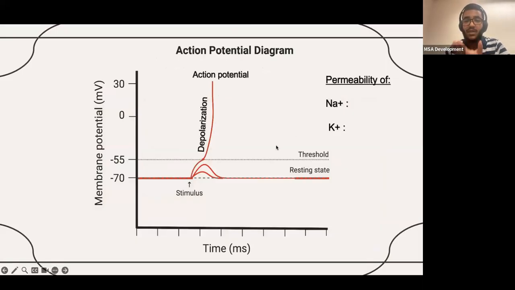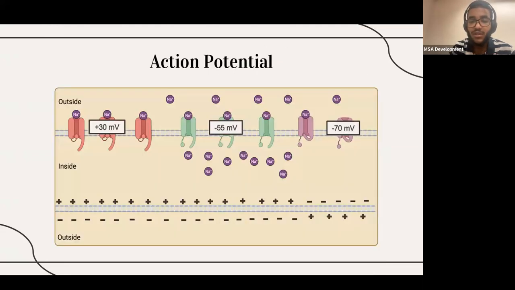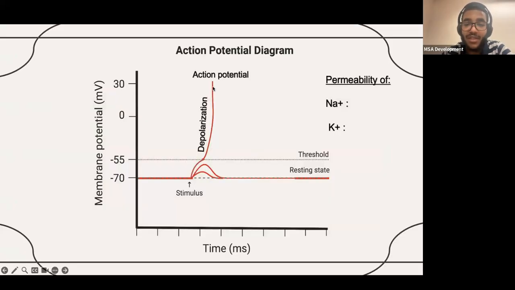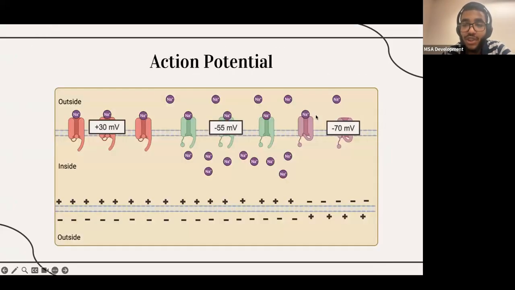Okay, so in the depolarization phase, the permeability for sodium is much higher than the permeability of potassium, and that's the only reason the membrane potential is able to reach such a positive value of plus 30, because the sodium ions are rushing in quickly because they have full permeability.